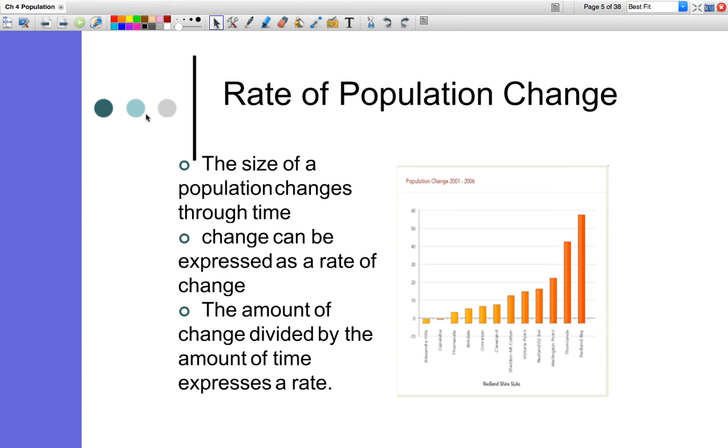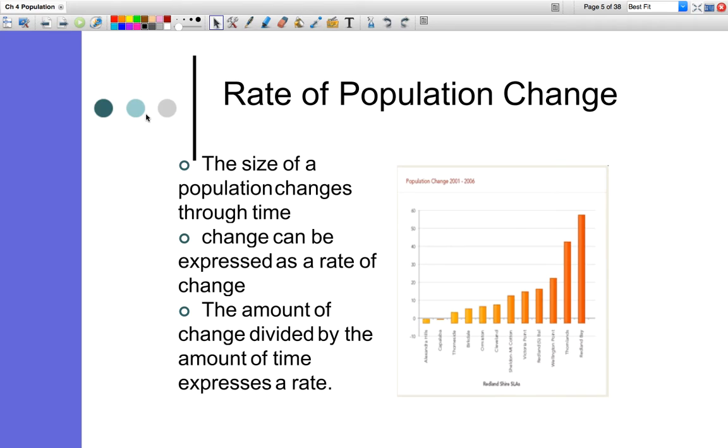Rate of population change. The size of a population changes through time. The population change can be expressed as a rate of change, and the amount of change divided by the amount of time expresses a rate.